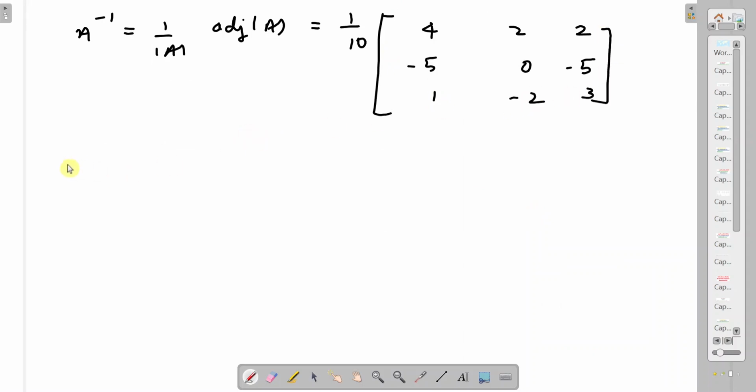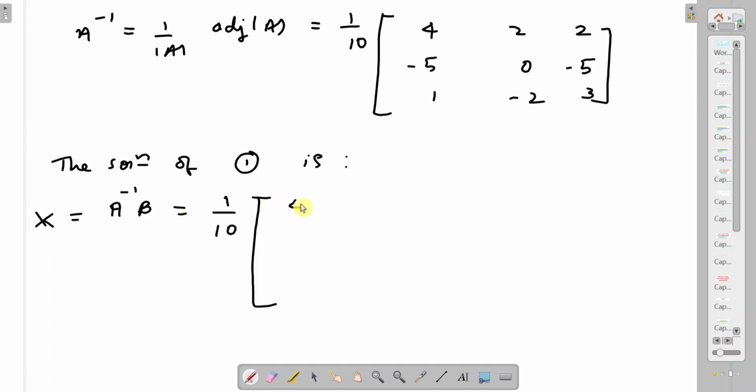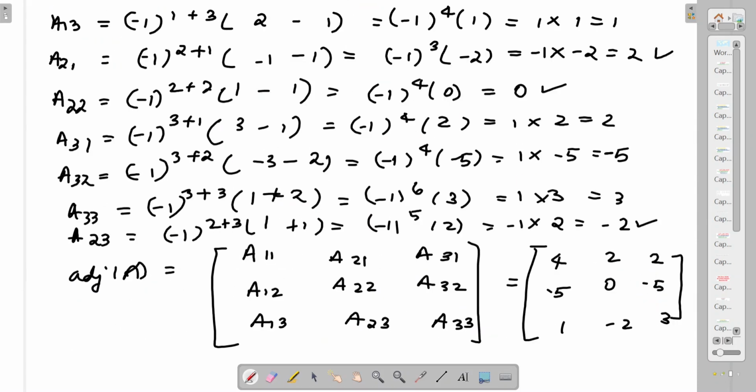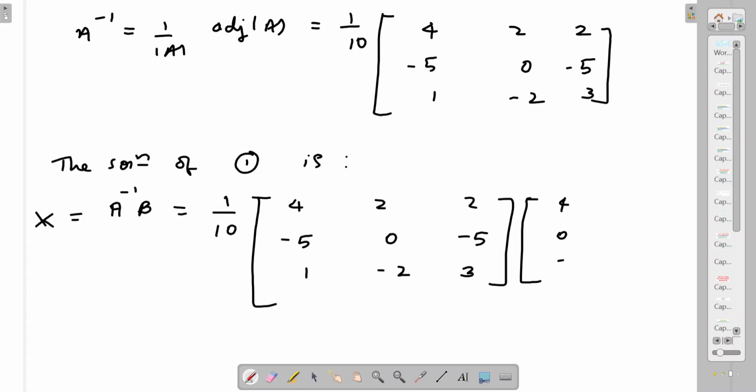Okay, so the solution of 1 is what? Capital X is equal to A inverse times B. Okay, so this will be equal to 1 by 10 multiplied by 4 2 2, minus 5 0 minus 5, 1 minus 2 3, times the matrix capital B, which is 4 0 2.